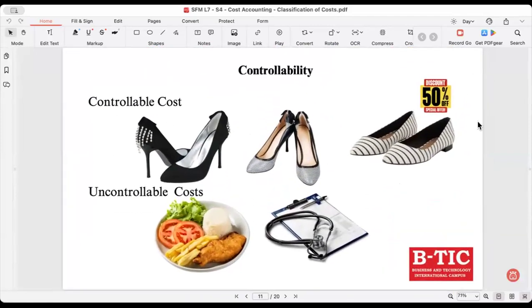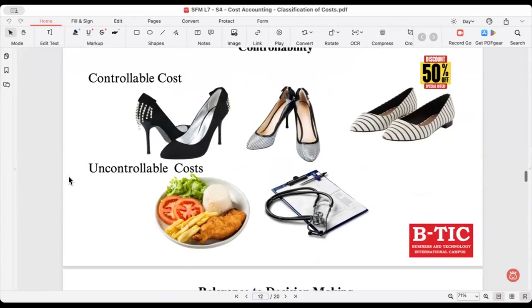Controllability. Here you have two categories, controllable costs and non-controllable costs. What do you mean by controllable cost and non-controllable cost?